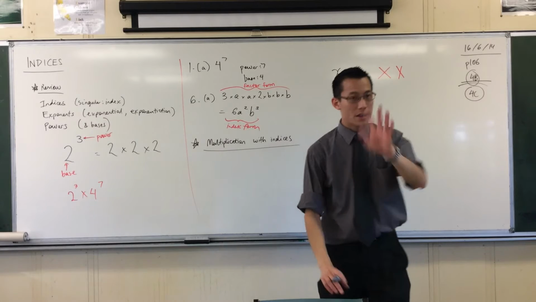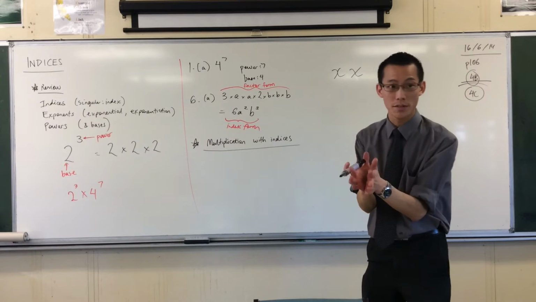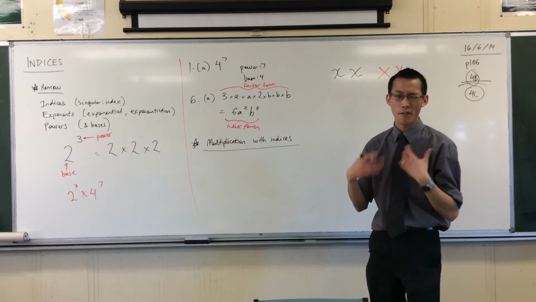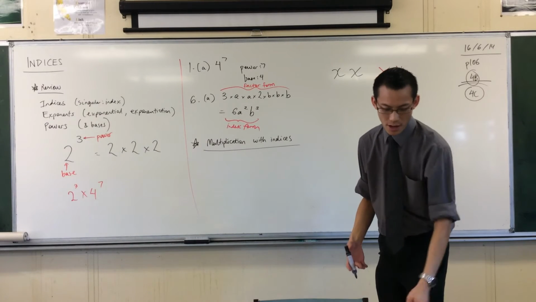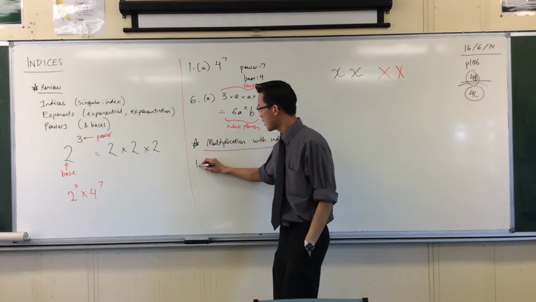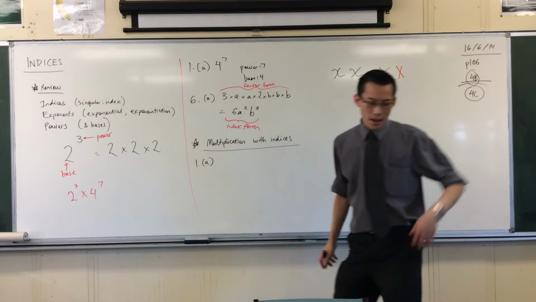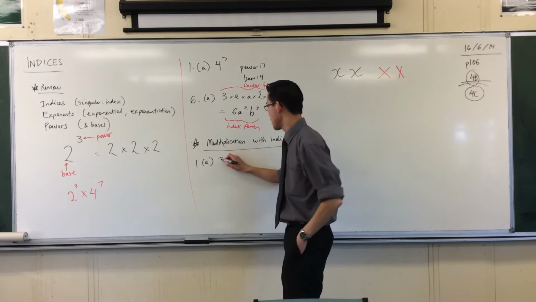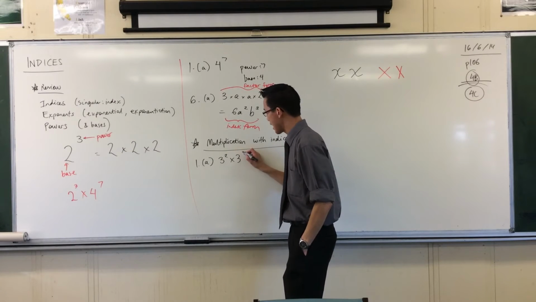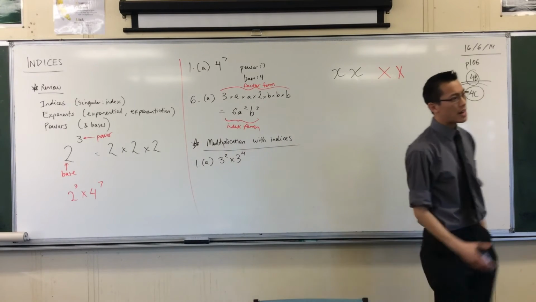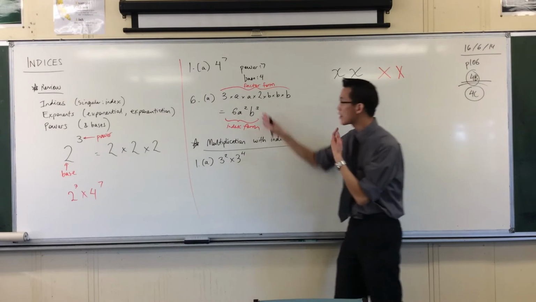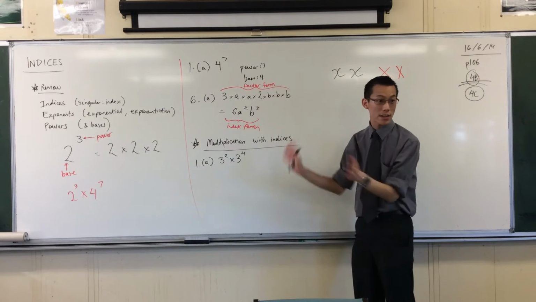Now, we did some examples of this in very simple terms, but what we want to do now is be a lot faster at it, a little more automatic. So for example, let's have a look at 1a. It says simplify, and you get given this in index form. There's a couple of ways we could approach this. We could write the whole thing out in factor form and see what we get.